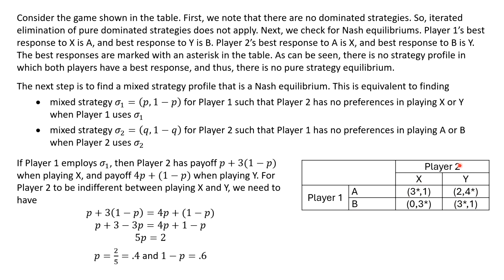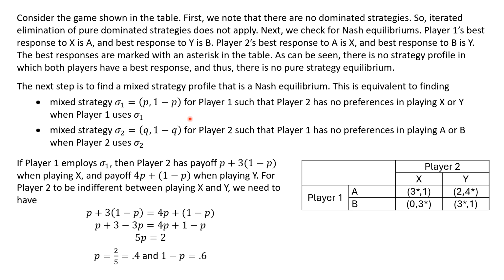And then if we look at player 2, when player 1 plays A, player 2 is better going with Y, so we put a star here. And when player 1 plays B, player 2 is better off going with X, so we put a star here. And as you can see, there's no 2 stars in any one of the cells. So there's no dominant strategy for either player, and there's no Nash equilibrium.